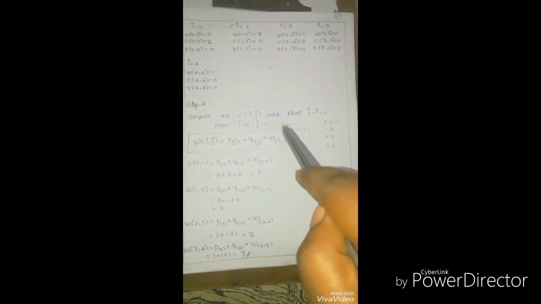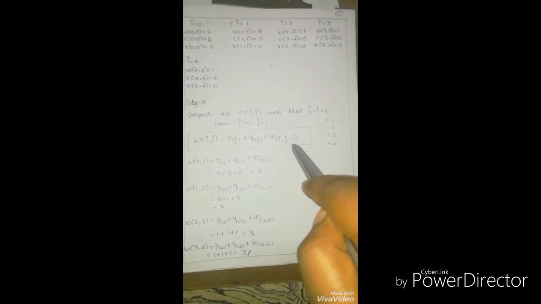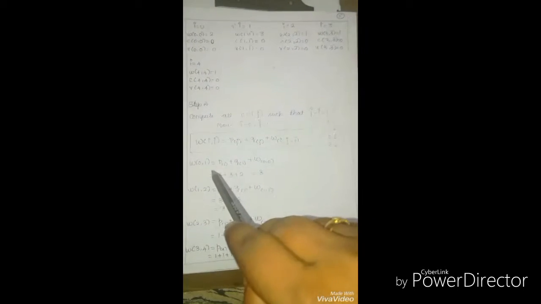So for W of 0,1: P of 1 plus Q of 1 plus W of 0,0, since the j value is 1 and 1 minus 1 is 0 here. W of 0,0 we have already obtained in the previous stage, which is 2. P of 1 and Q of 1 are the probabilities already given in the question. Using this, we have computed the weights for 0,1, 1,2, 2,3 and 3,4.